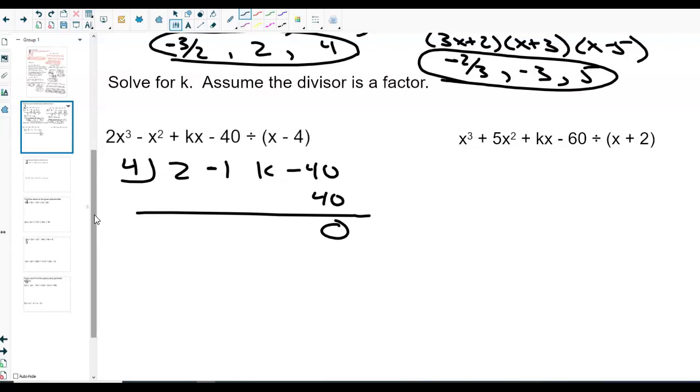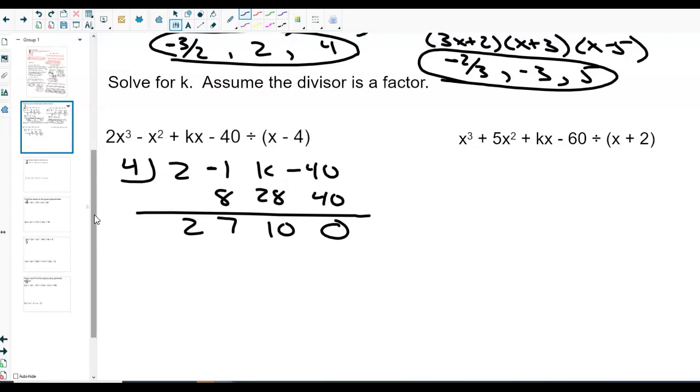So that means 4 times whatever number is here has to equal 40. So right away I can put this number down as 10. Okay? And now we go the other way. Drop the first term, that's 2. 4 times 2 is 8. -1 and 8 is 7. 7 times 4 is 28.